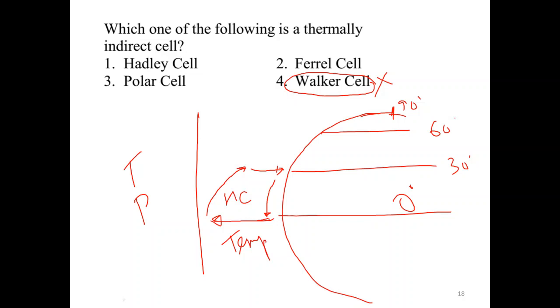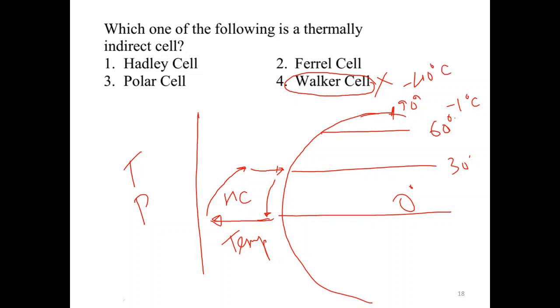Now let us look at the polar areas first. We all know that 60-degree latitude is the temperate latitude while 90-degree latitude is the polar latitude. If we compare the temperatures of these two latitudes, let us imagine that at the temperate latitude the temperature is -1 degree Celsius, while at the polar latitude the temperature becomes -30 to -40 degrees Celsius.